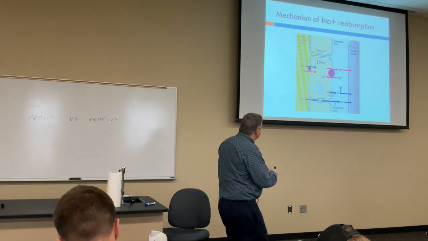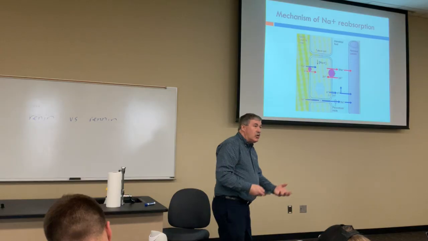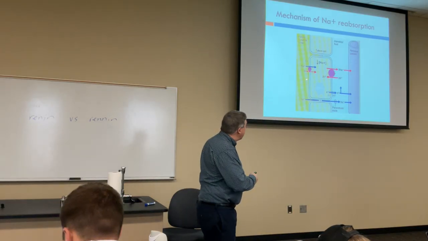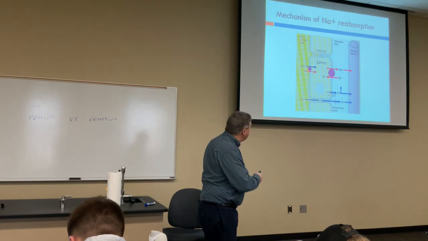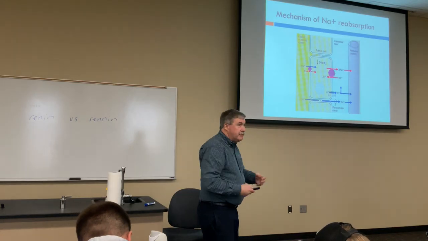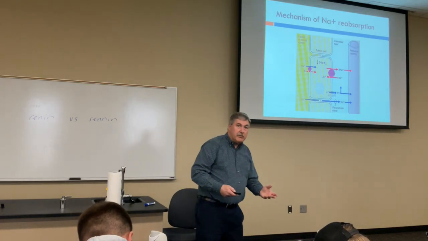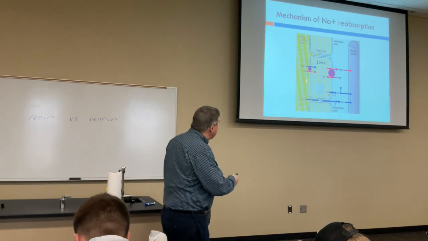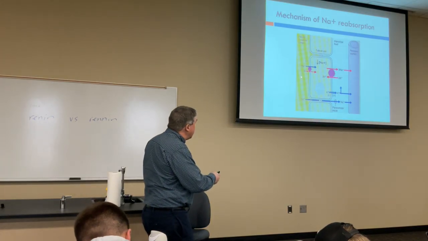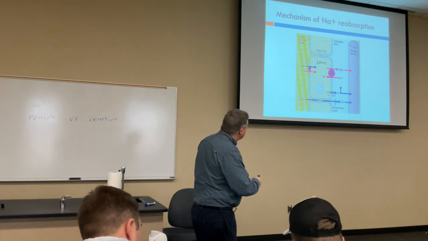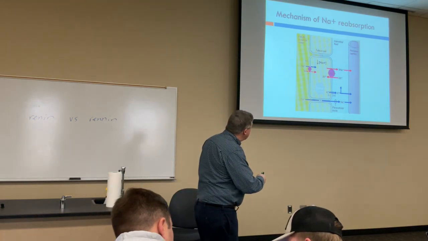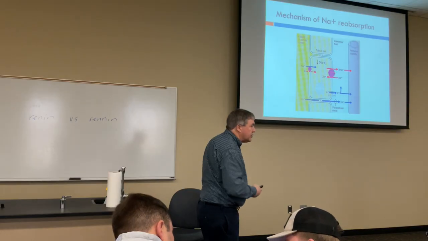And there are other substances like glucose and amino acids that can be reabsorbed by symport proteins that are in the luminal membrane. Like this X right here, that might be glucose. So glucose rides on this sodium reabsorption.